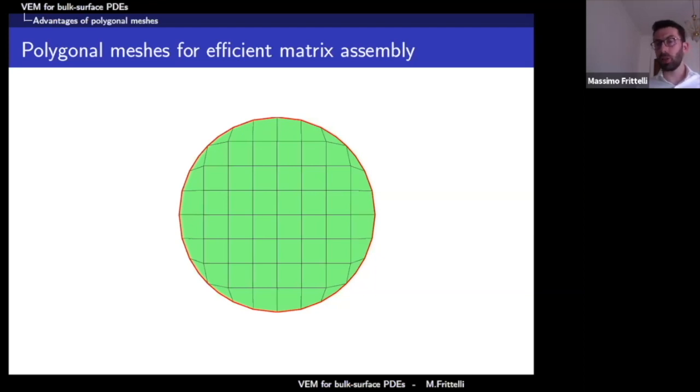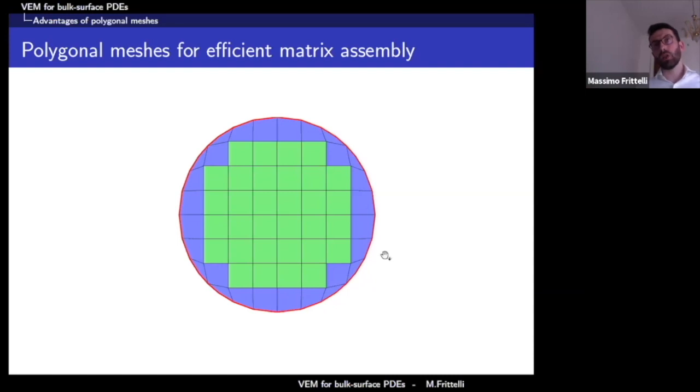Why is this mesh so nice? Because besides the purple elements, the green elements are all equal to each other. So when you assemble the stiffness matrix, so to speak, you have to compute the local matrix of the square only once. And then you have to compute element-wise matrices only for the purple elements.